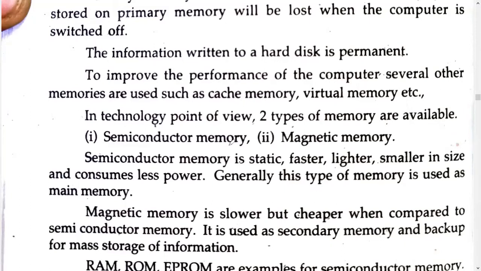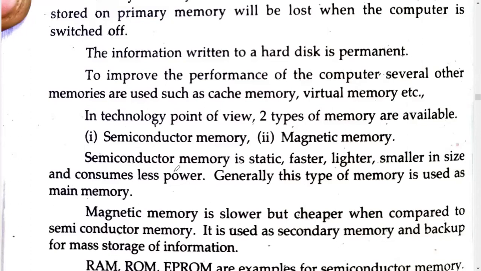From a technology point of view, two types of memory are available: semiconductor memory and magnetic memory. However, today the times have changed. These are the basics, and we'll try to provide the examples at the end of the session.